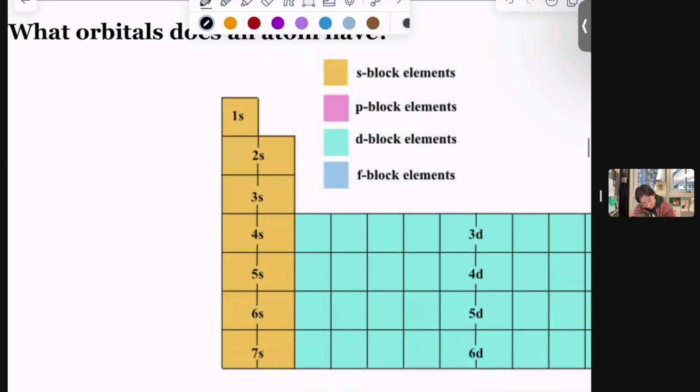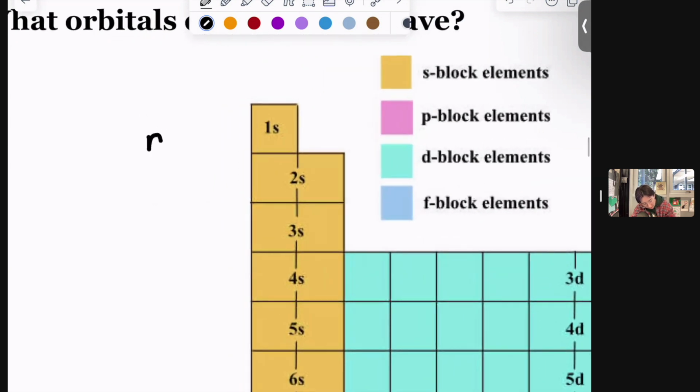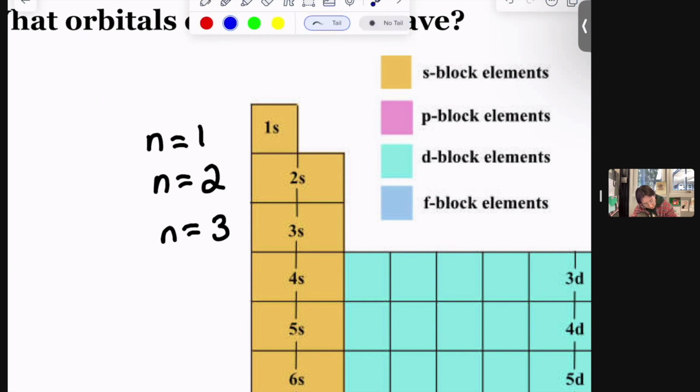So just like with Bohr, you're going to see that each row has different principal numbers, different n's, going down 1, 2, 3, etc. So you can kind of see, now that we know this, when I represent my first orbital, it's going to be called the 1s because it's in row 1 and it's an s orbital.